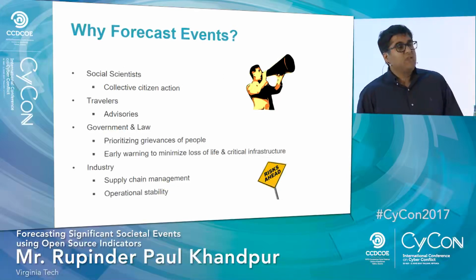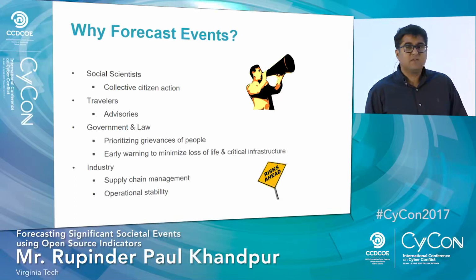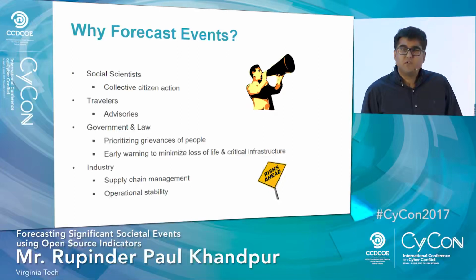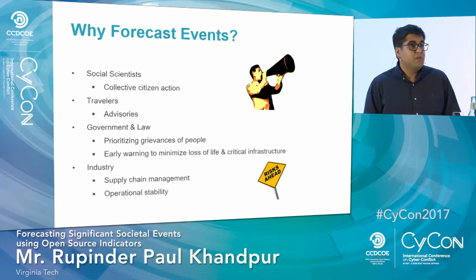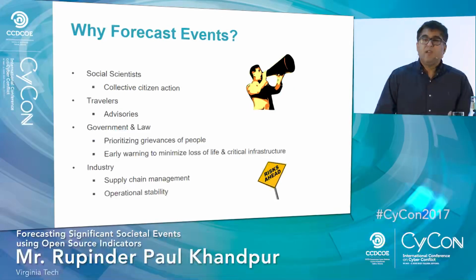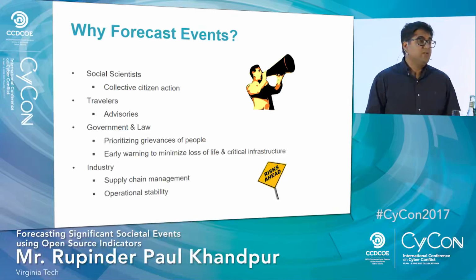The second and third key motivations cater to the government and law enforcement, where these technologies provide them with an early warning system, where protection of the citizens and safeguarding critical infrastructure is paramount. And last but not least, it caters to commercial applications, where multinational organizations who move goods across physical or digital pathways in the world want to know in advance what events might take place in the regions of their interest.